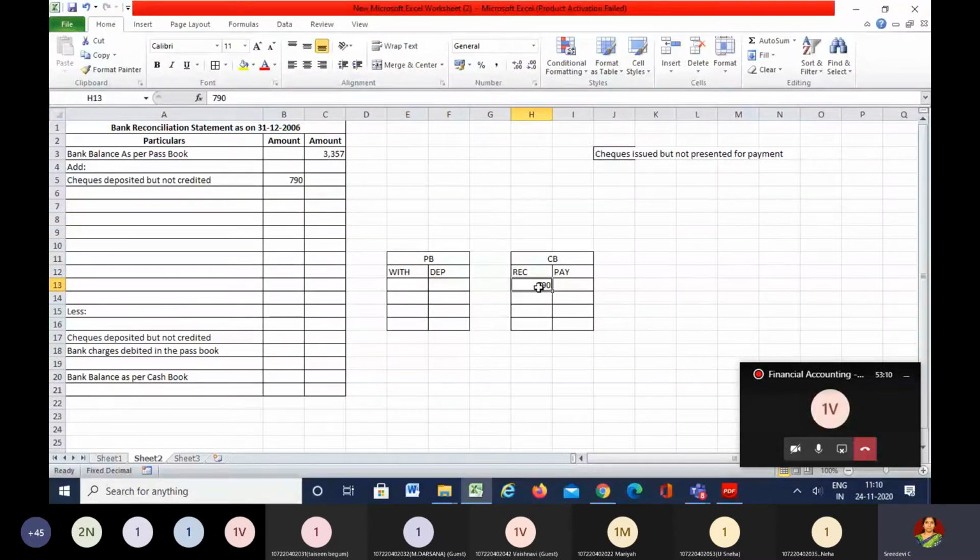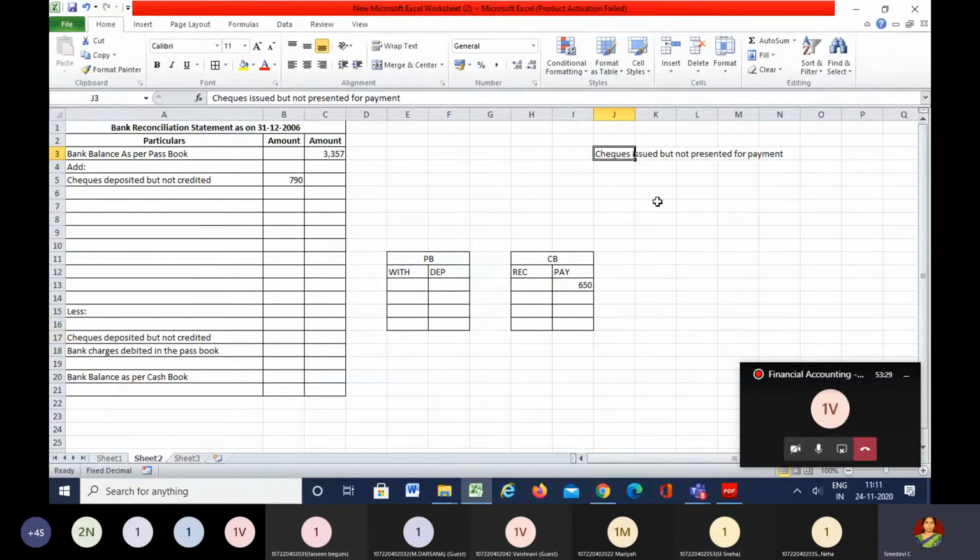So whenever the checks are issued, first it will be shown in the cash book, on the payment side. So because of which, what is going to happen? The cash book is less, the passbook is more. So our opposite book is less. So because our opposite book is less, what are we going to do?